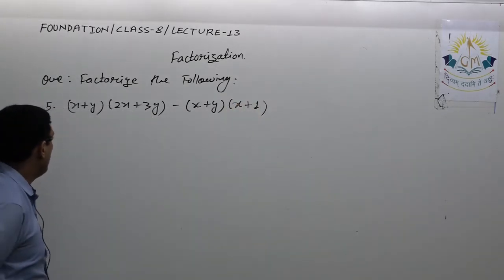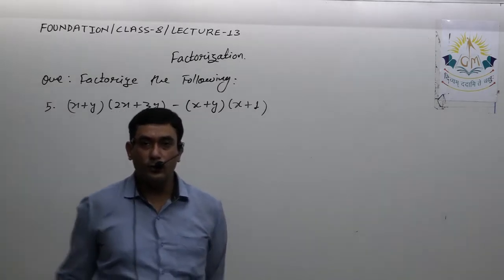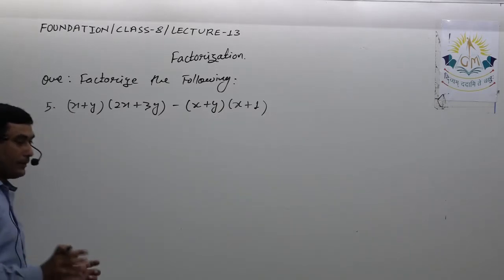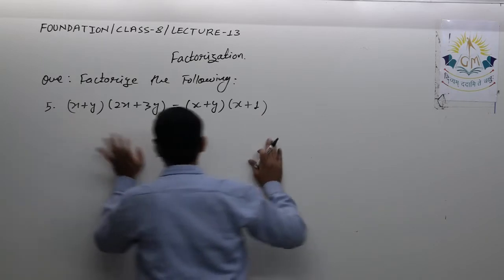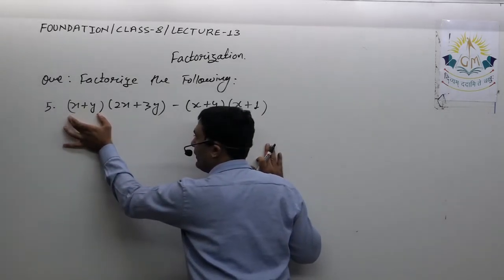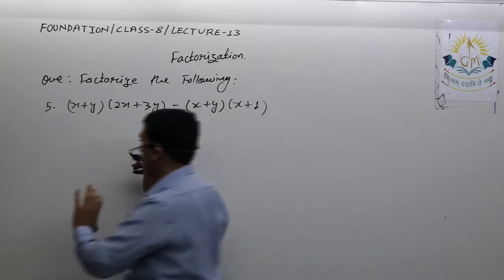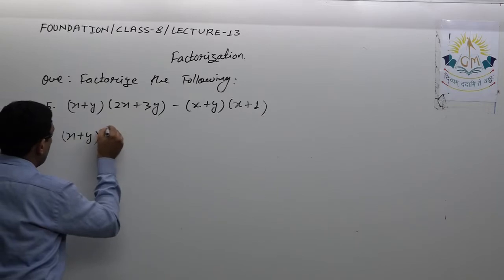So now you have to take common. Again, common means that particular term should be in each and every term. So here there are two terms. Here x plus y is there, also x plus y is there. I am taking it common. That means I am taking this out.